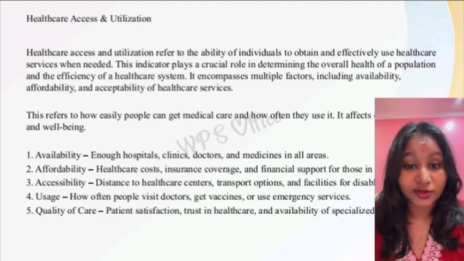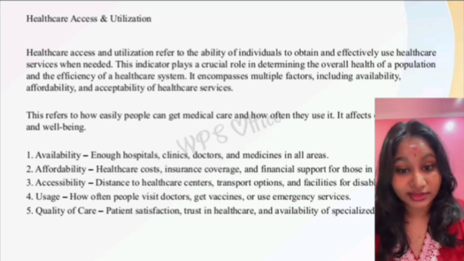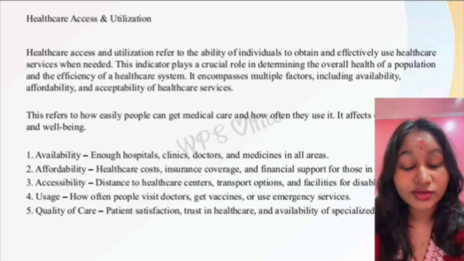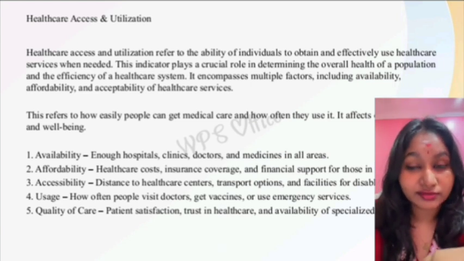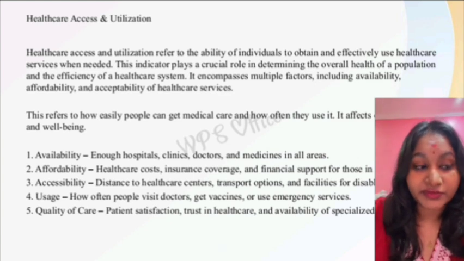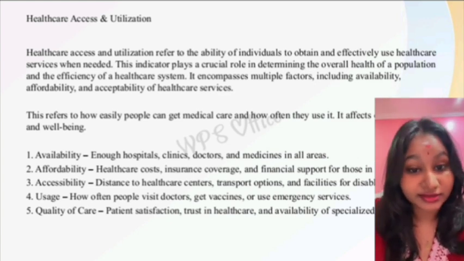We don't need to go far away to hospitals, or we can just consult the doctors in the clinics. And they also have 24-hour clinics so that we can get enough medication when we need it on time.